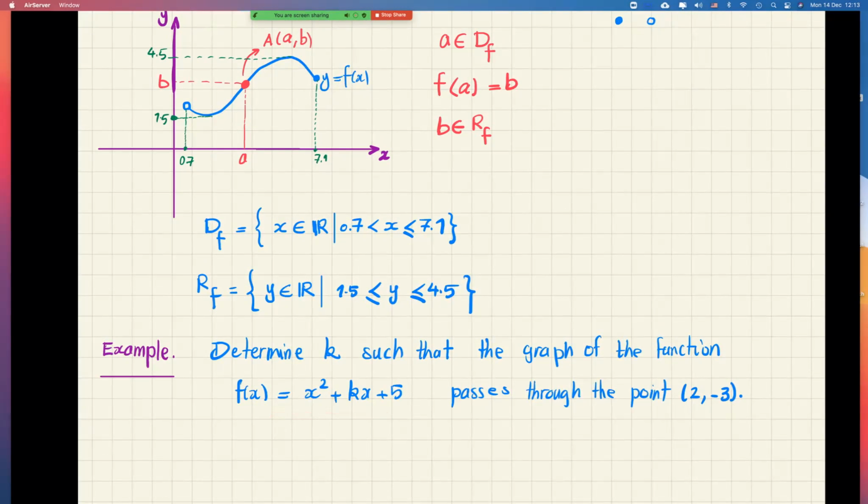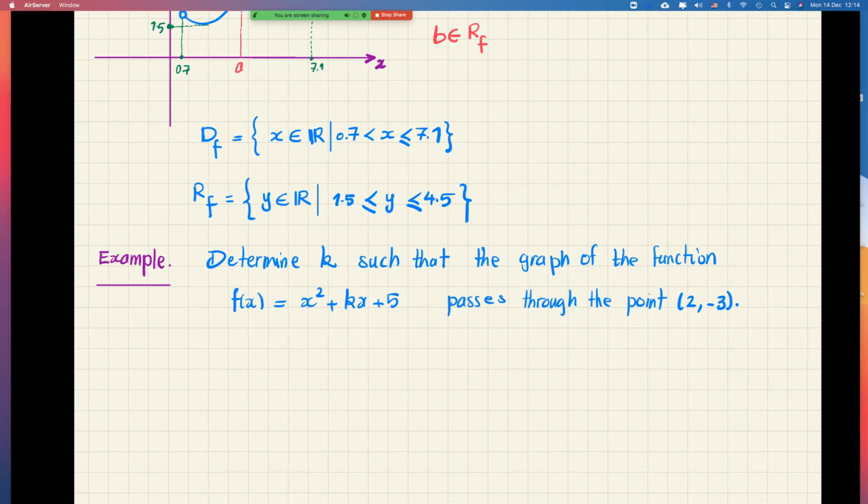This question is asking that the graph of this function is supposed to pass through this point. So this means that this point lies on the graph. It means that when I put x equal to 2, the answer should be -3. In that case, this point will be highlighted on the graph.